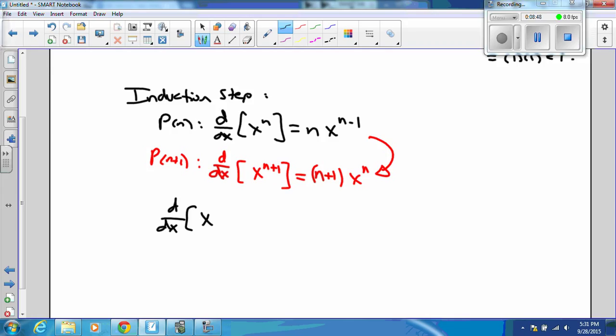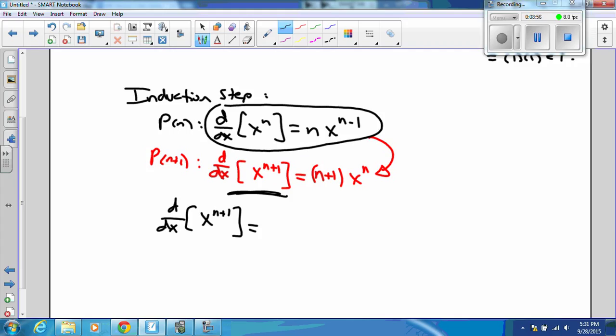So here we go. We're going to begin by taking the left-hand side, the derivative of x to the n plus 1, and we're going to try to rewrite it so that we can make use of our induction hypothesis. And what I observe is that x to the n plus 1 is the same as x times x to the n. And that's helpful to me because I have a derivative for x to the n, and I also have a product rule.